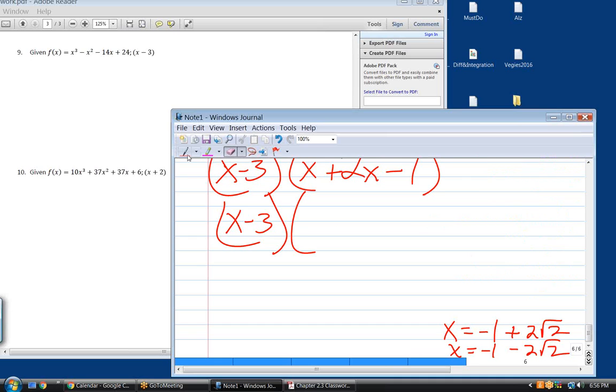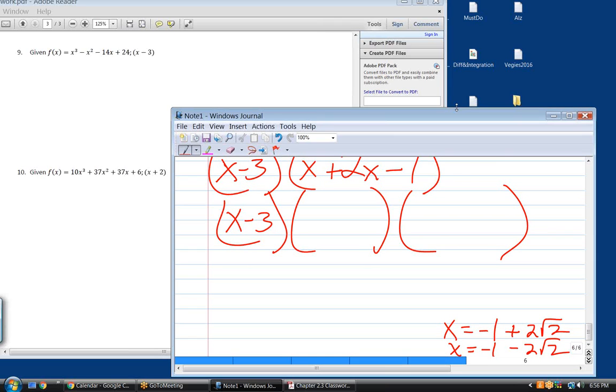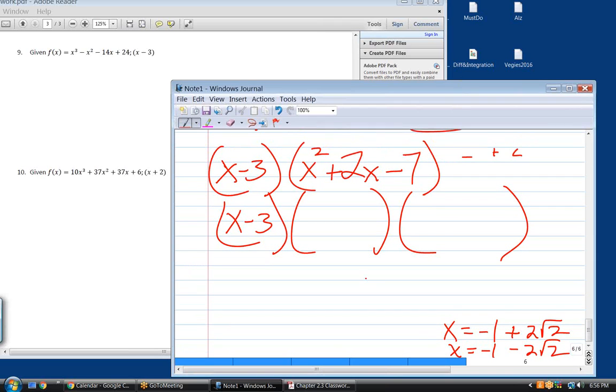So now, what are my other two factors? In other words, if that was a 7, then I would have to use the quadratic formula.